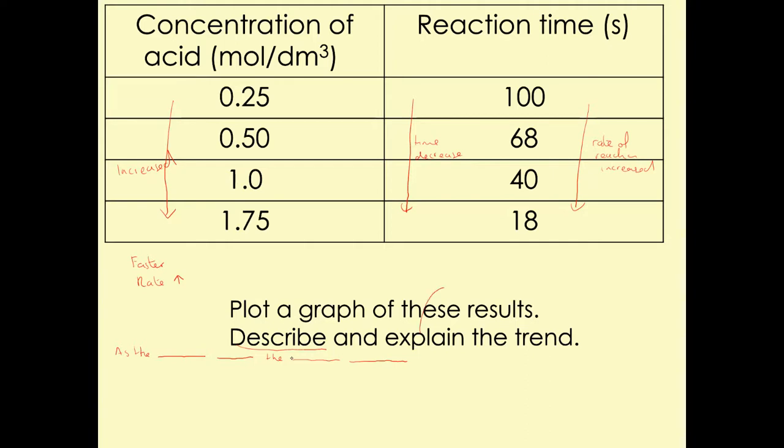And then the explain is going back to our collision theory idea. We need to explain it in terms of the frequency of collisions, but we need to be specific about what's colliding. So in this case, it's the collisions between the magnesium and the HCl. Okay, so pause the video and have a go at that, and then we'll write it out properly.